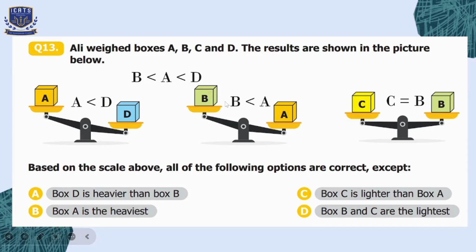B is lighter than box A and D. Similarly, C is also lighter than A and D because both of them have the same weight. So option B is the only incorrect option in the given list. So we will choose option B here.